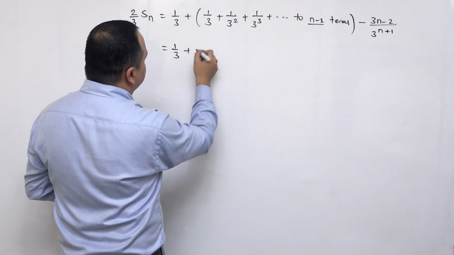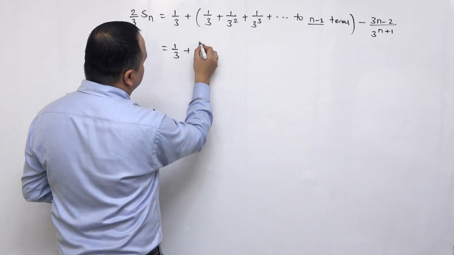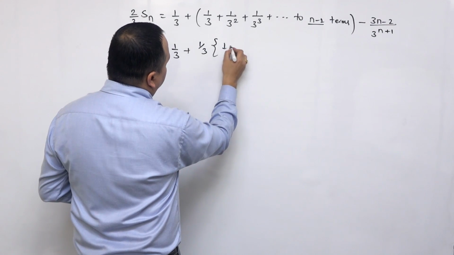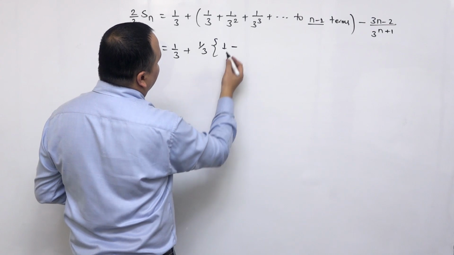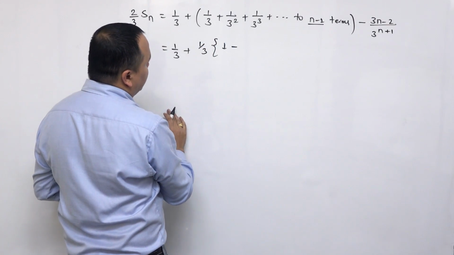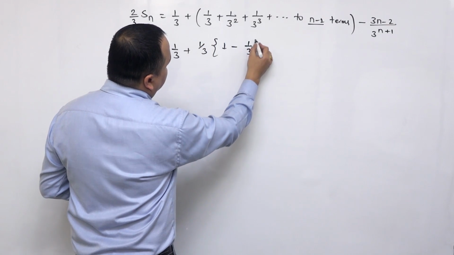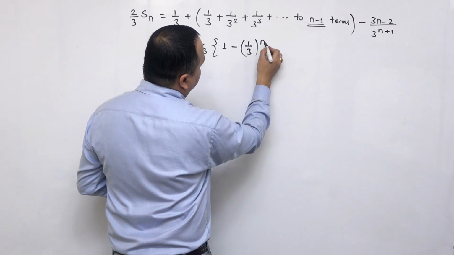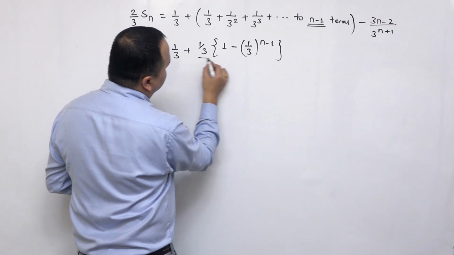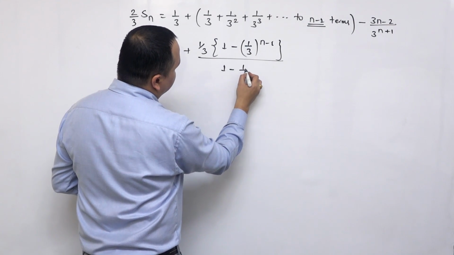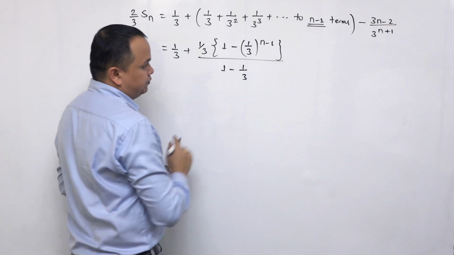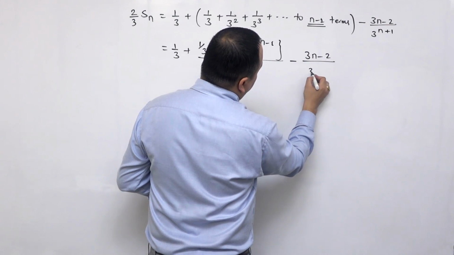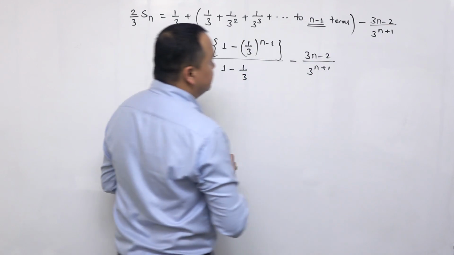So we have the formula: a, that is 1/3, times 1 minus r, where r is T2 by T1, which is 1/3, whole to the power n minus 1, upon 1 minus 1/3, minus (3n minus 2) upon 3 to the power n plus 1.